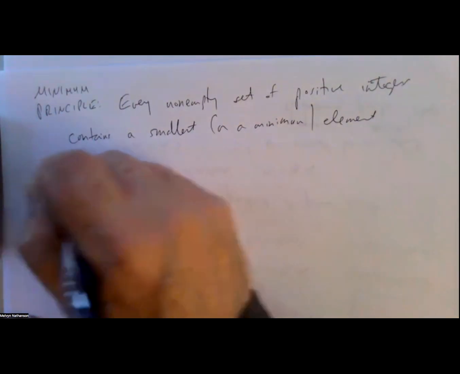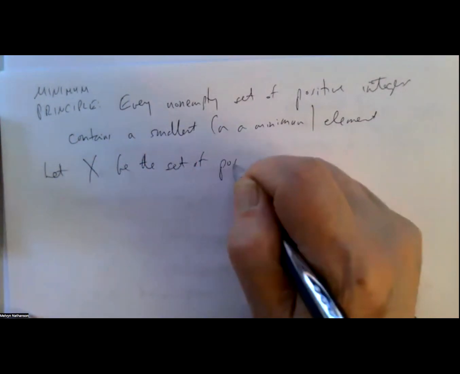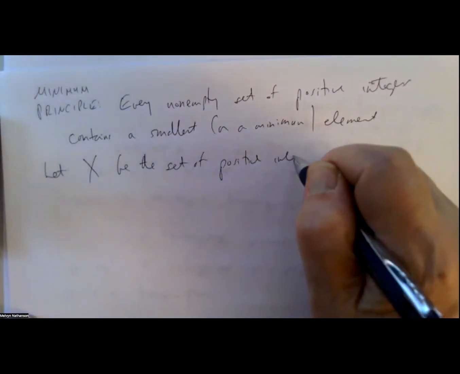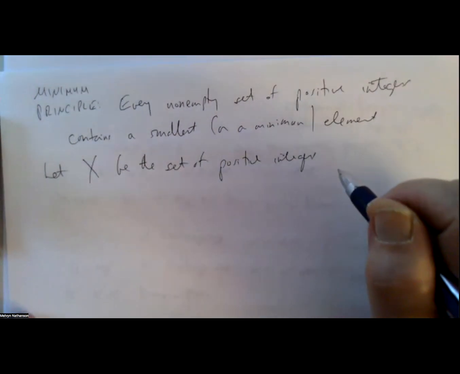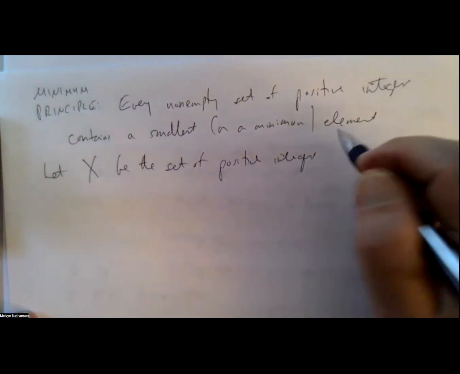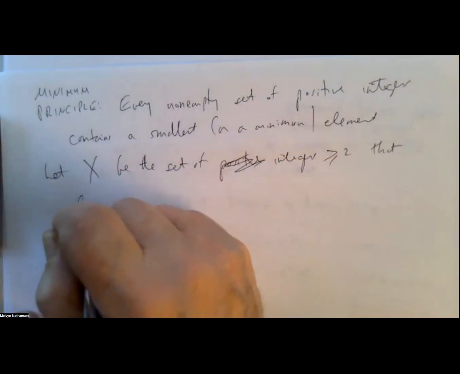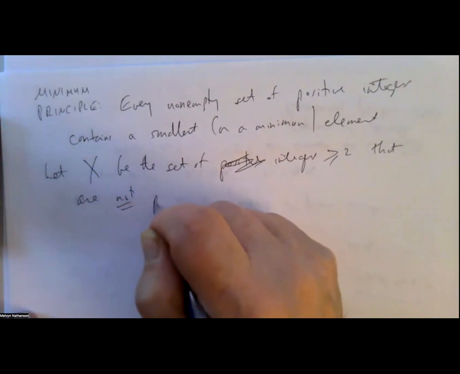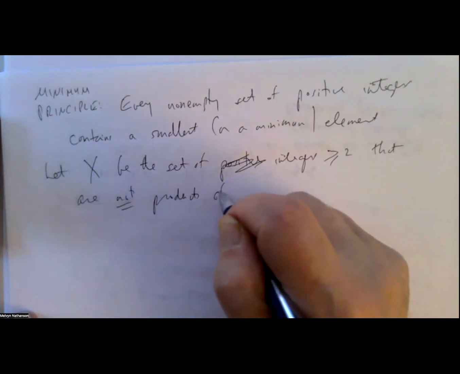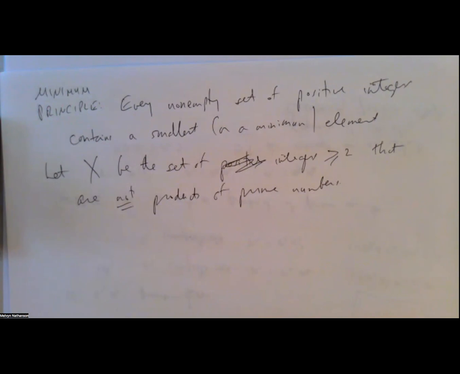So suppose we let X be the set of positive integers greater than or equal to 2 that are not products of prime numbers. I claim that every number 2 or greater is a product of prime numbers, and I'll prove that by contradiction.